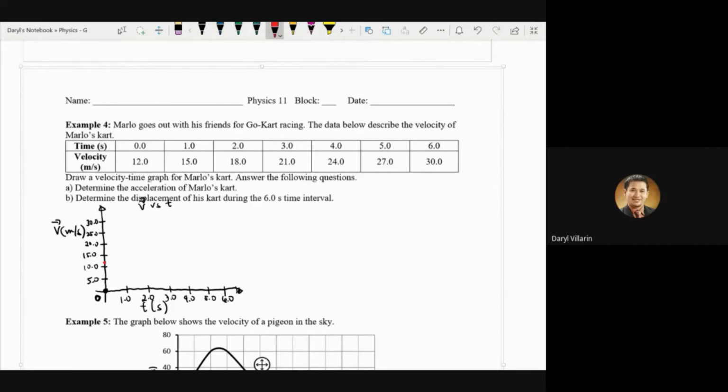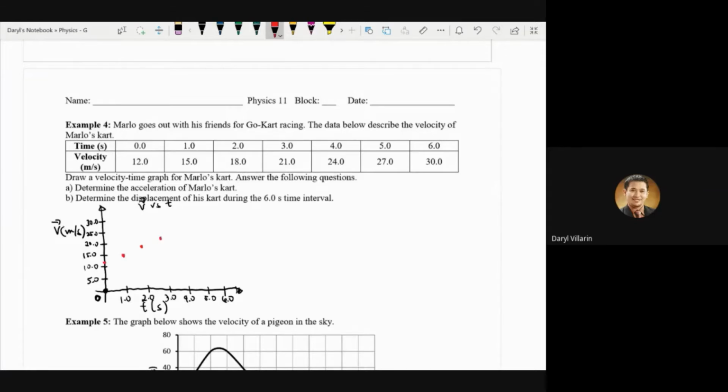That's my point. One second after, it's 15, which would be somewhere here. Then 2 seconds after, it's 18, just below 20. Then 3 seconds after, it's 21, a little bit over 20.